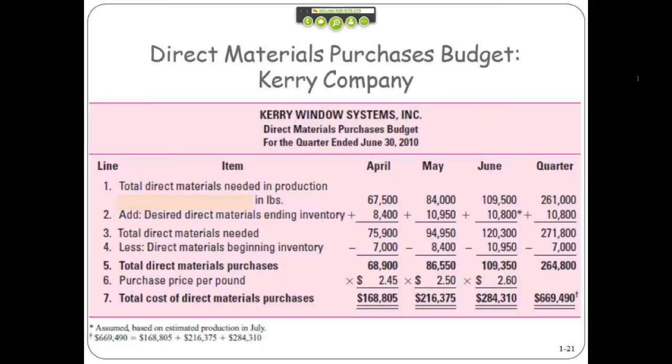And then you would subtract out the beginning inventory. And that tells you how much you need to purchase in that period, multiplied by your expected price per pound for the materials, and you see there's some inflation effect here.